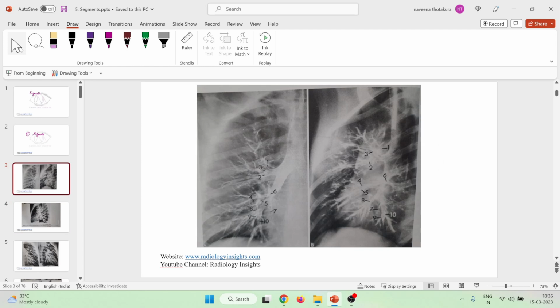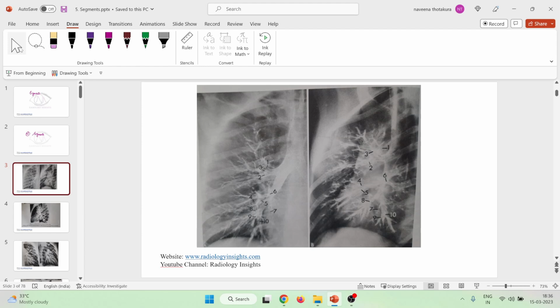Each bronchopulmonary segment will have its own bronchus. So if we know the bronchial and segmental anatomy very well, we can identify where the lesion is, which bronchus it is in, and how to approach it with a bronchoscopy.